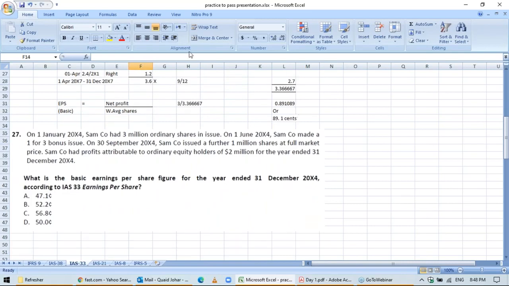Same as with a right issue, for a bonus issue we will also make an adjustment, and we will take an adjustment fraction, and that fraction will be applied to all shares outstanding before the bonus issue occurs.